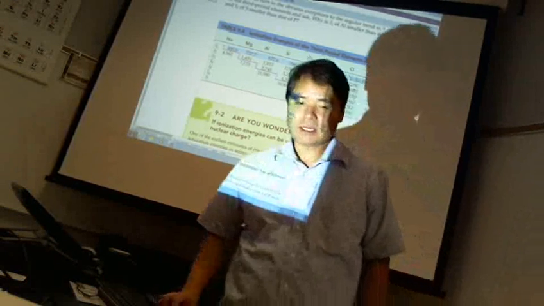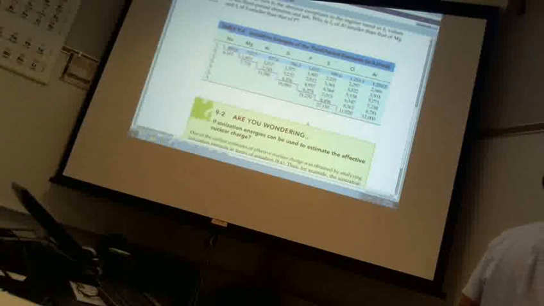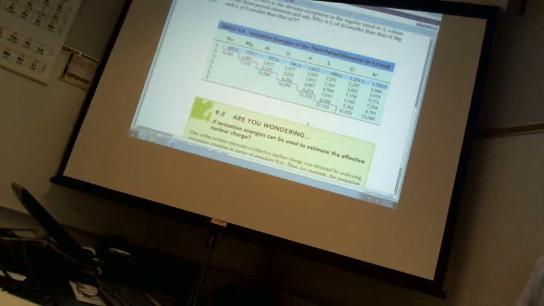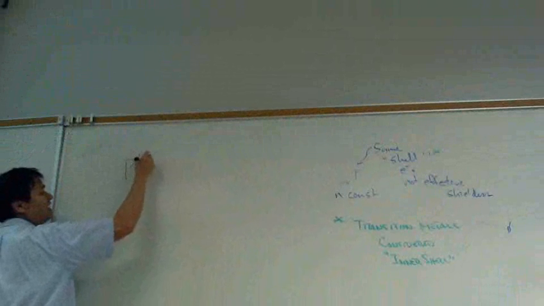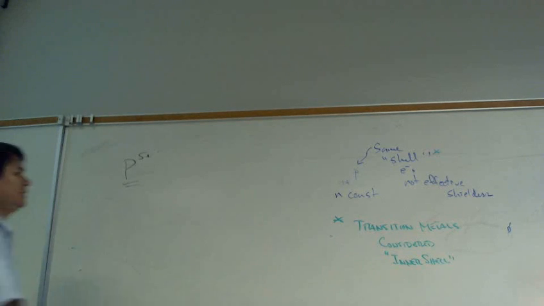Yes, it does cost you dearly, but do you ever see the P5+ ion? No. You know why? It's going to cost you way too much energy, right? Way too much energy. But you've seen this.